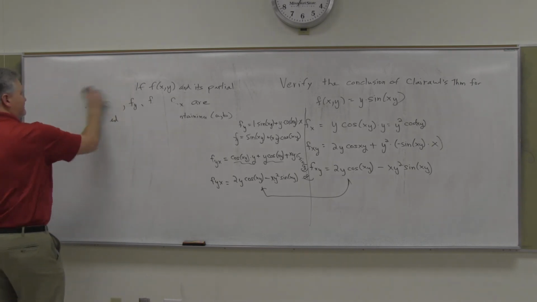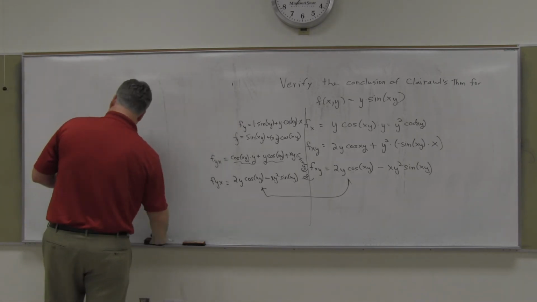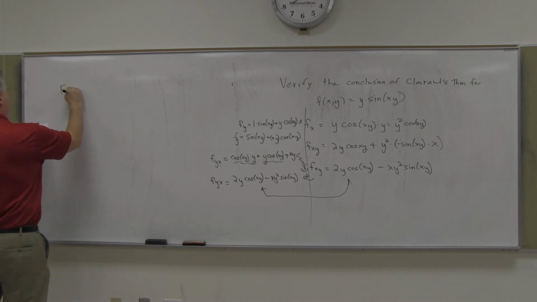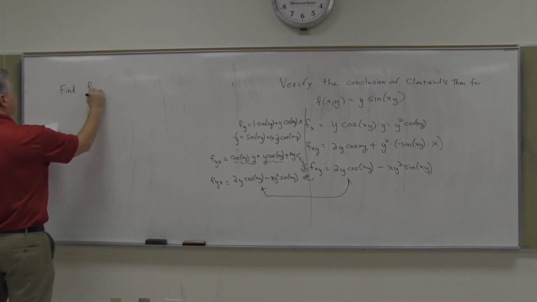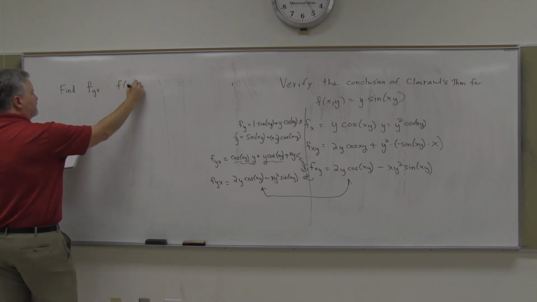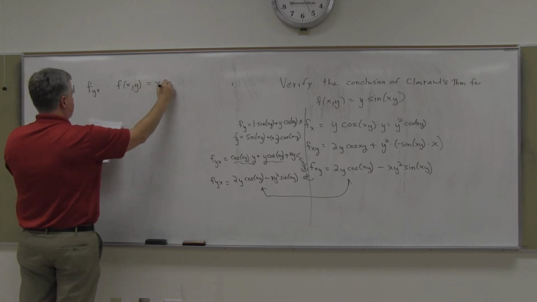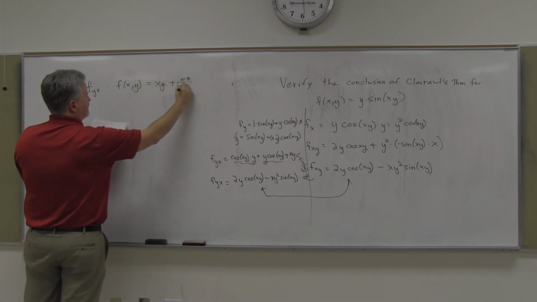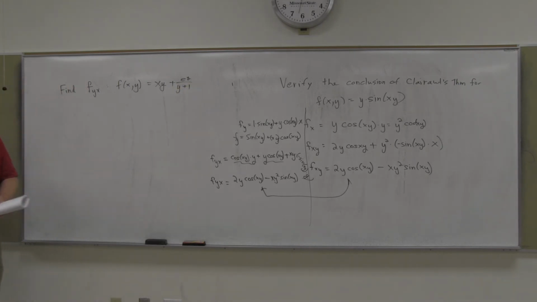Look at this one. Let's think about this one. All right, so let's find our f_yx, f_xy. This was real sneaky. Okay. f_y, so this is the partial of f with respect to y, and then take that partial with respect to x.